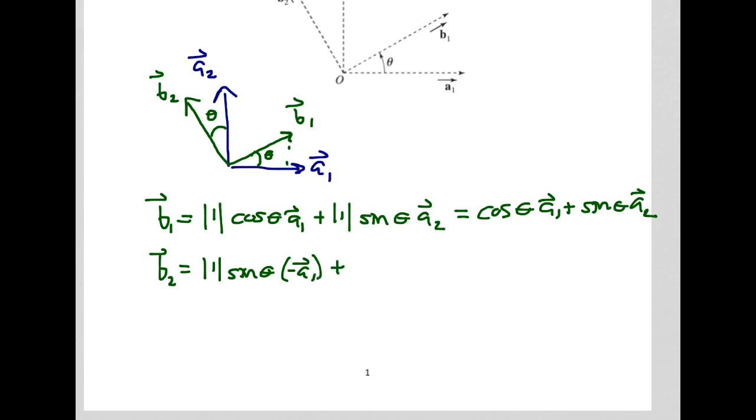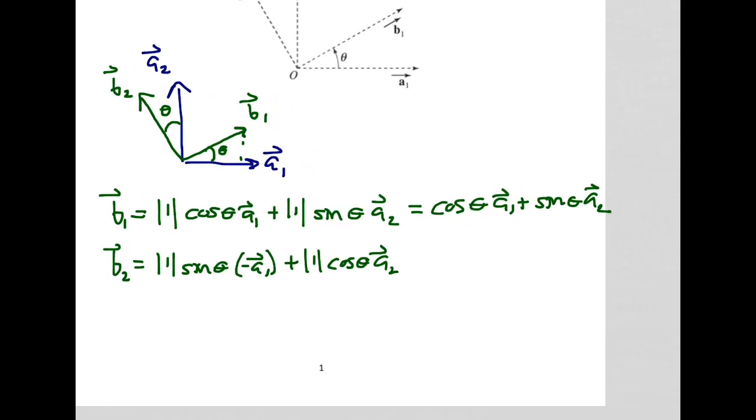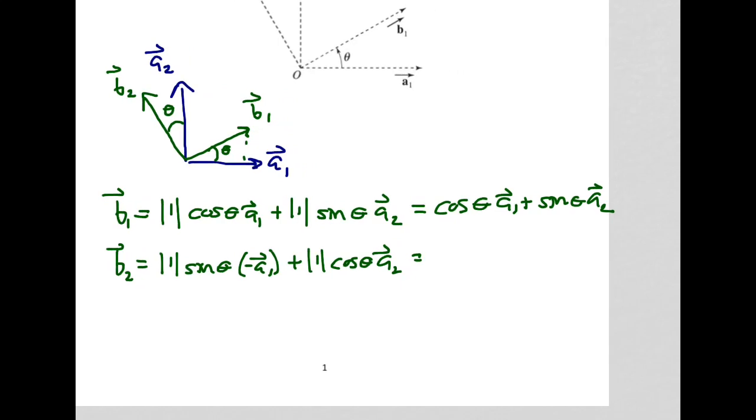And so when we project B2 onto the A2 axis, then we get the unit vector 1 magnitude. Cosine theta is the magnitude of the projection, and that's in the A2 direction. And then we write that as negative sine theta in the A1 direction plus cosine theta in the A2 direction.